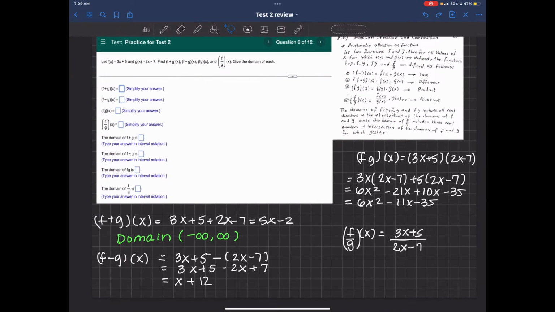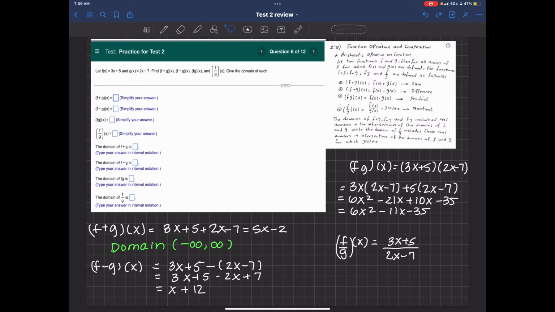And because both of these, the f of x and the g of x, are linear functions and their domains are already all real numbers, that makes the domains for each function operation all real numbers. I know it sounds redundant, but trust me.